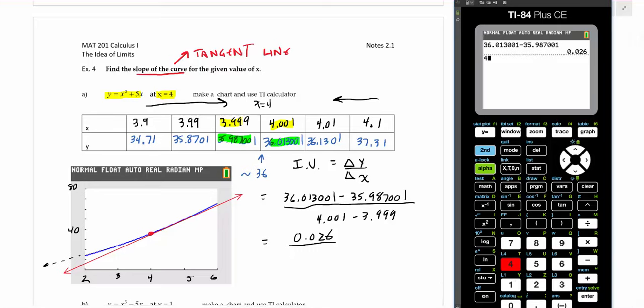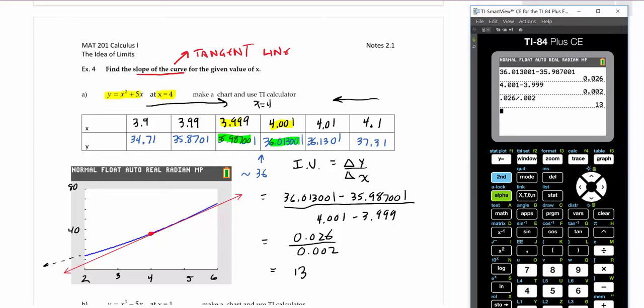Let's do the bottom: 4.001 minus 3.999. That's going to be about 0.002. Now we can divide the two. You can do this in your head: 26 divided by 2 is 13. That should give us the instantaneous velocity, or the slope of the curve. So that's 13, the answer to that problem.